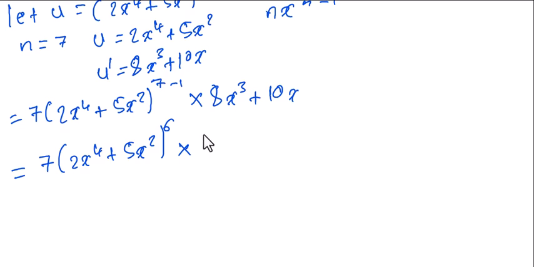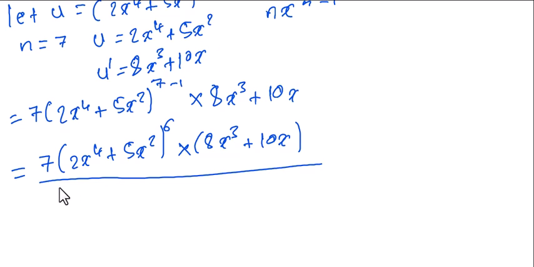Multiplied by 8x to the power 3 plus 10x. So basically, this is how we can differentiate using the chain rule for the first question.